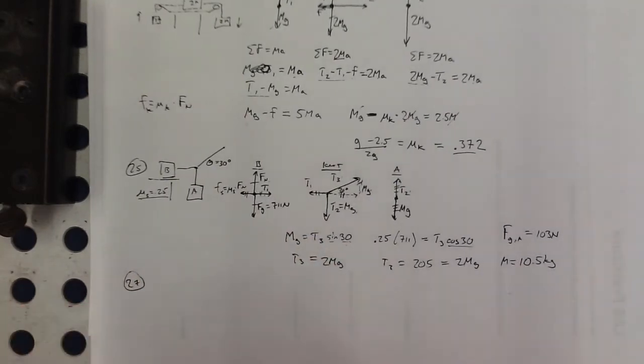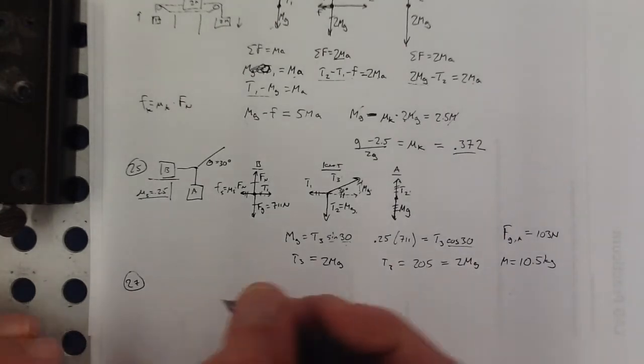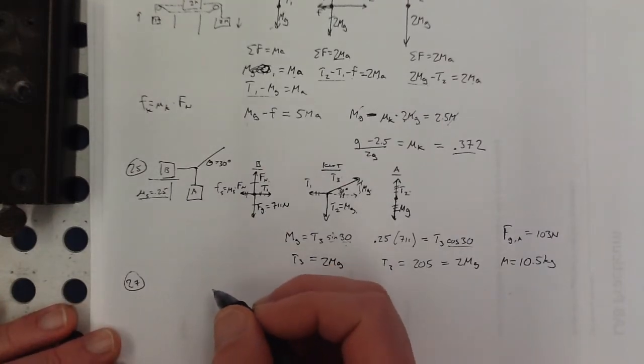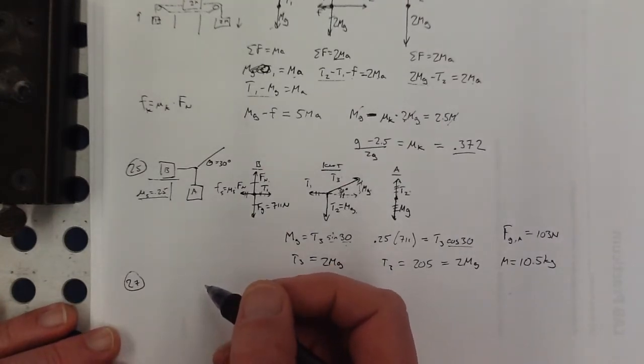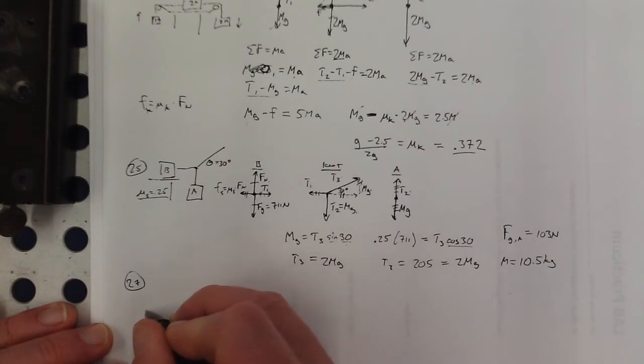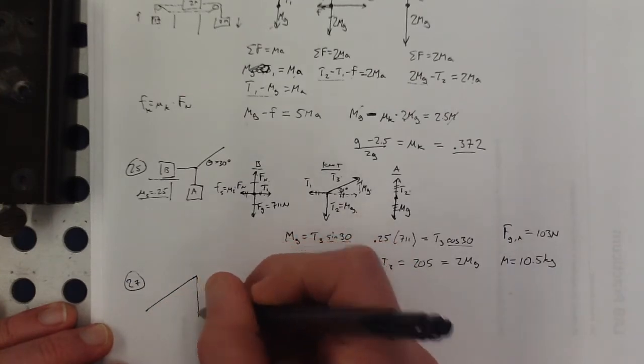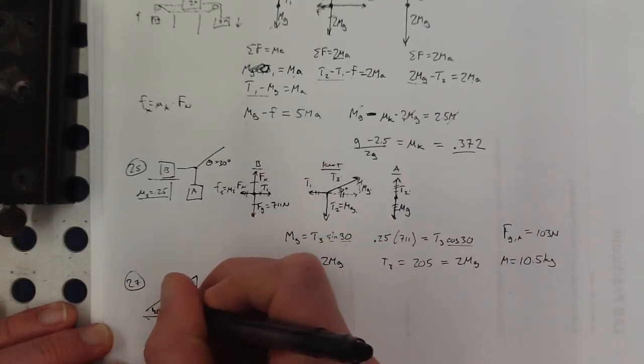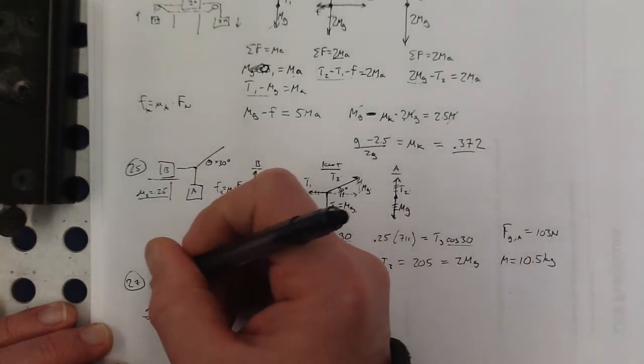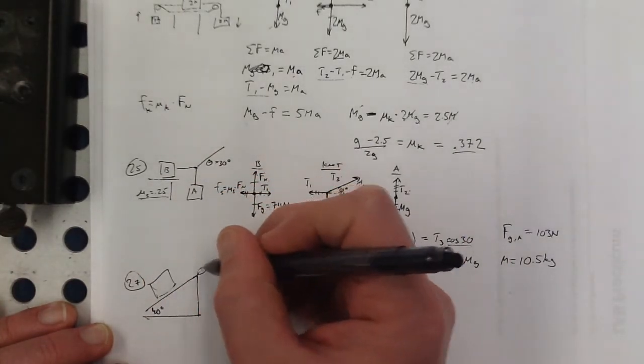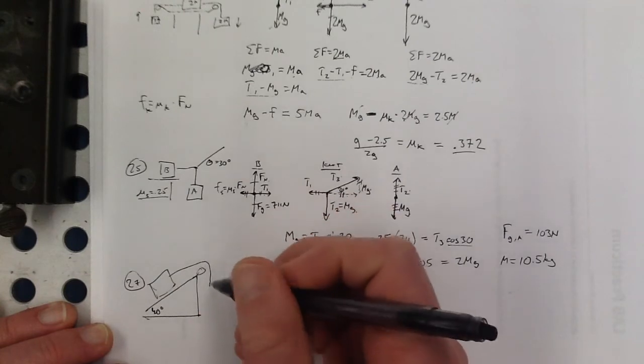All right, these problems are a little harder, but we can do it. 27. Ooh, I like this one. Let's see. Got a 40-degree ramp. Pulley, other block.